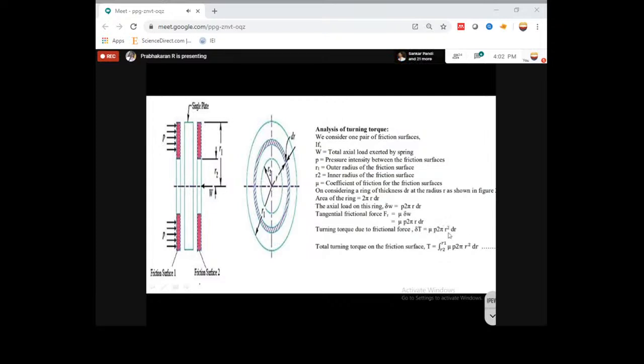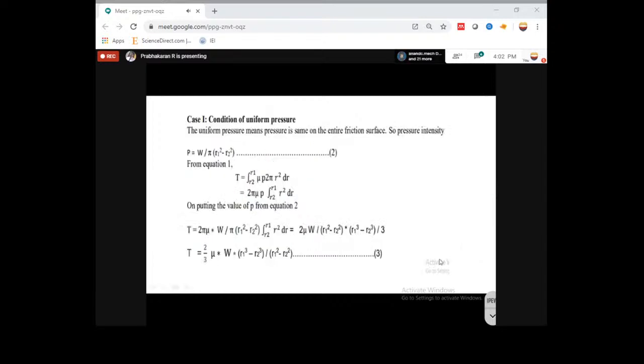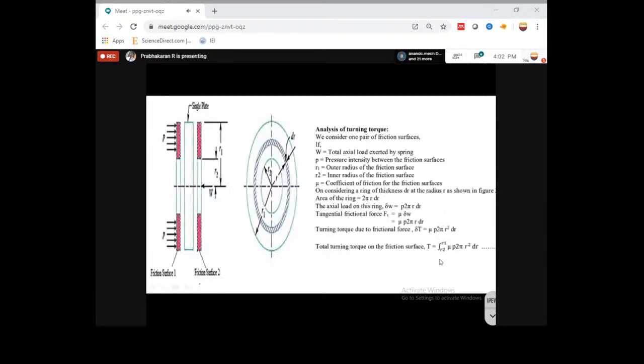So torque will be mu into P into 2 pi r square dr. I am going to take torque for the whole surface, so I am going to integrate from R2 to R1. So the torque value is mu P 2 pi r square dr, and finally I am going to get the value. This is our torque equation.